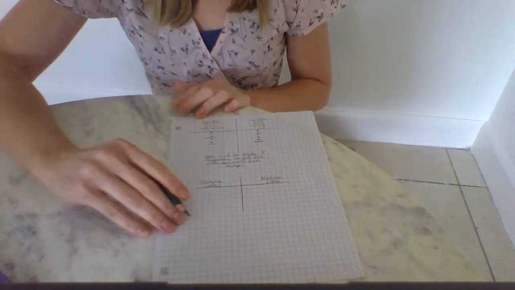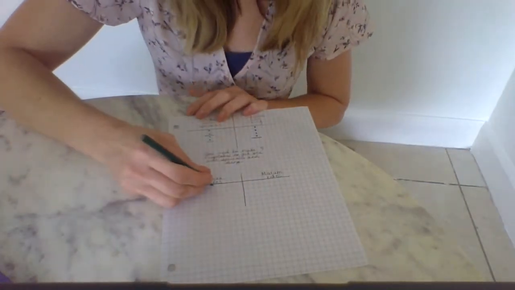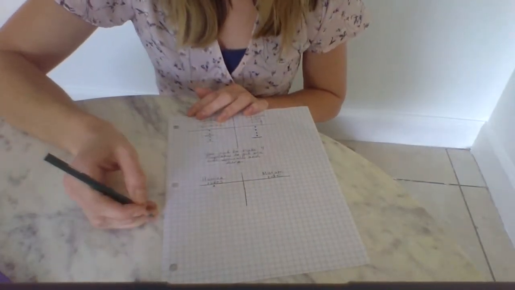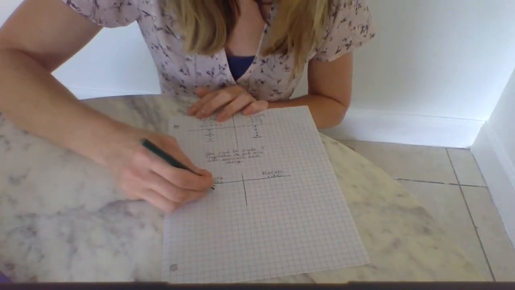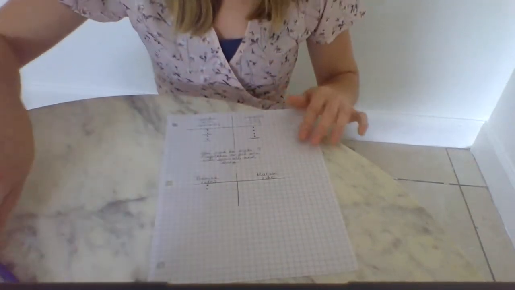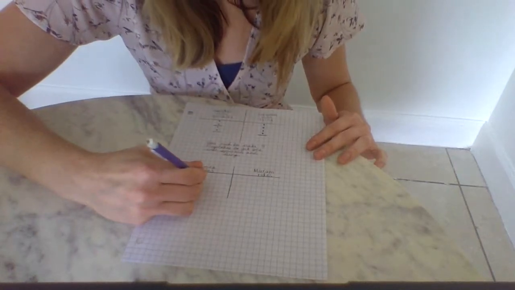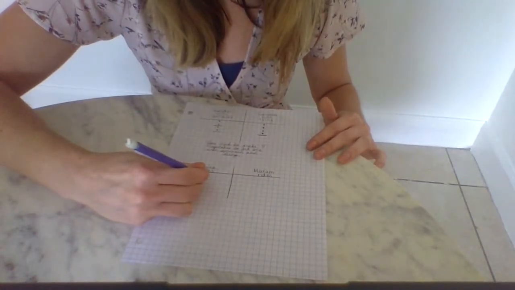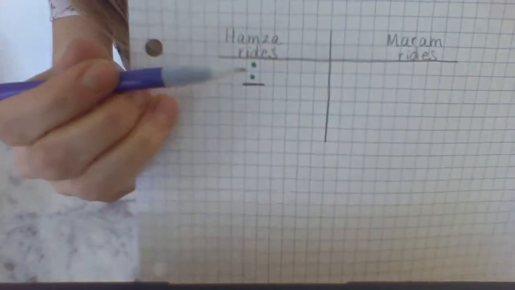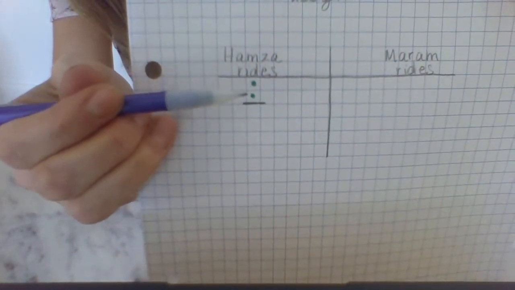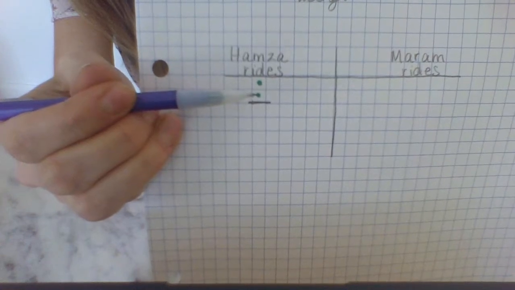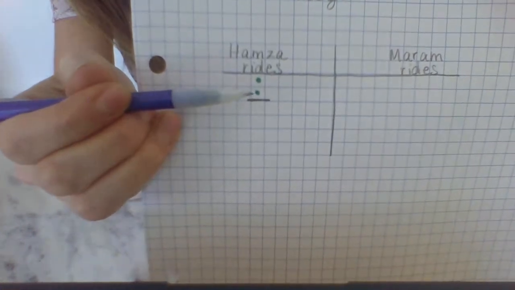So let's get started with Hamza. The first day, he does not ride the bus, but the second day he does. And then we'll use our pencil to draw in the paper strip. And it's that paper strip that tells us that the one right above it was the day that Hamza rode.